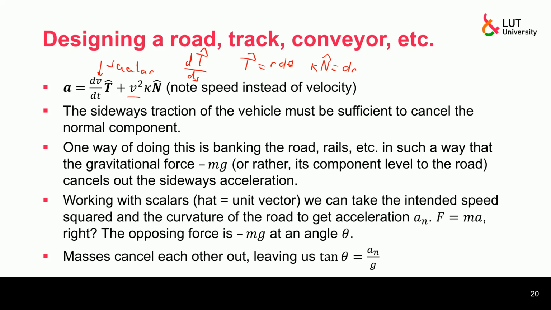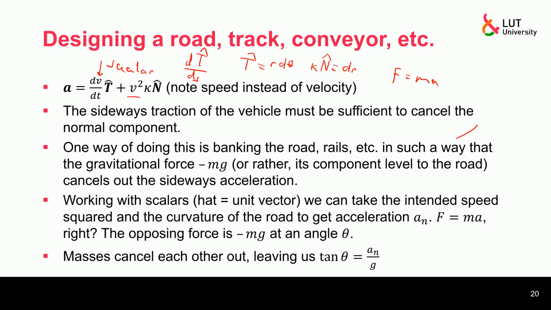And why we're talking about acceleration is, you might remember that F equals ma. So this tells what kind of forces will affect the vehicle or some part on a conveyor or so on. And one way is that we do bank the road such that, so this is one thing where you can use projection.